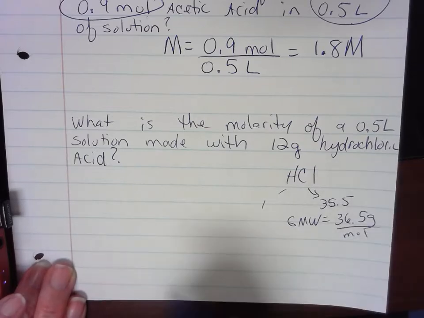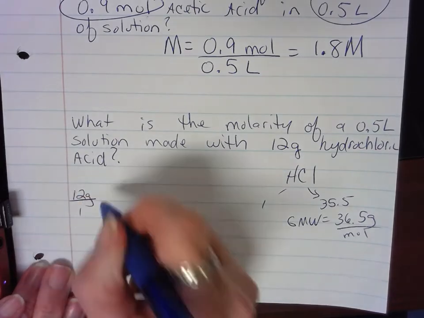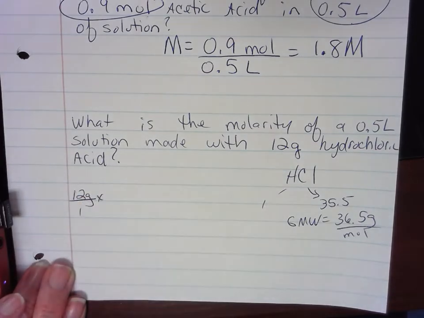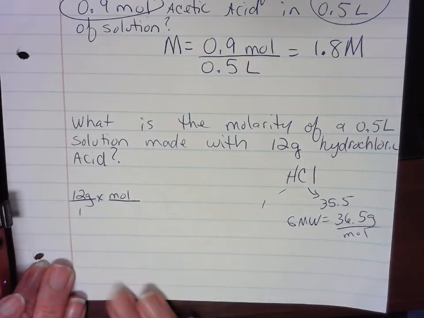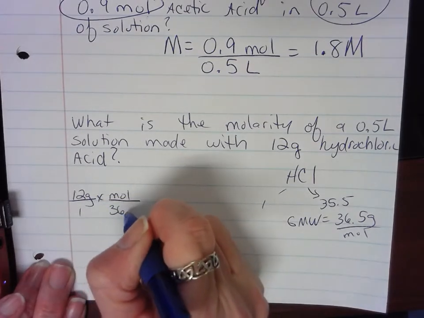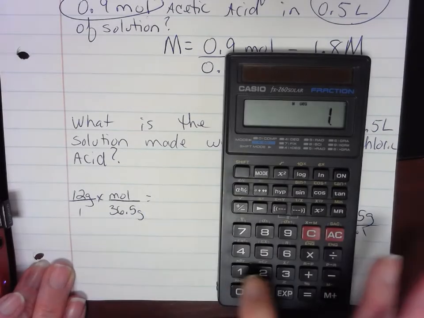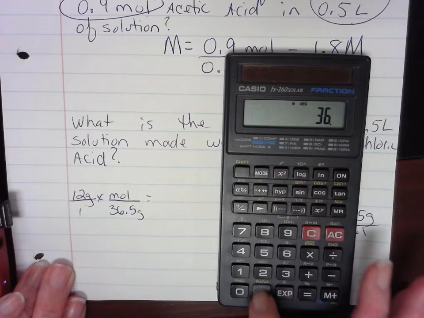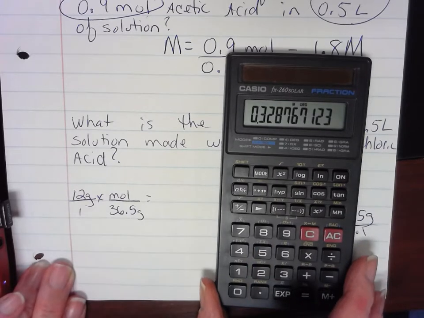If you've got 12 grams of hydrochloric acid, you want to know how many moles you have. You're going to divide by the 36.5 grams per mole. So 12 divided by 36.5 is going to give you, we're just going to say, 0.33 moles.